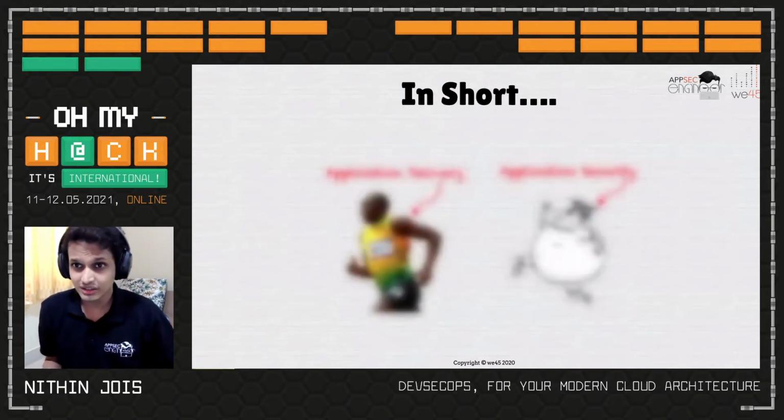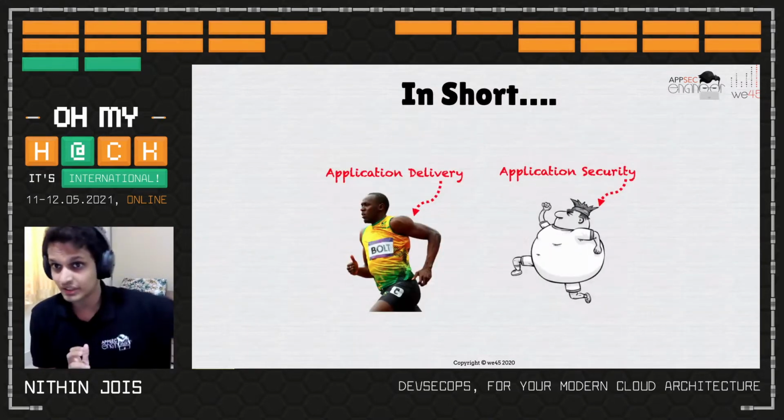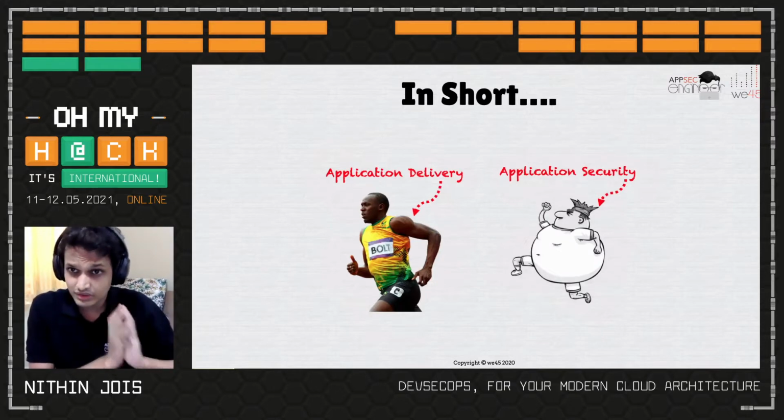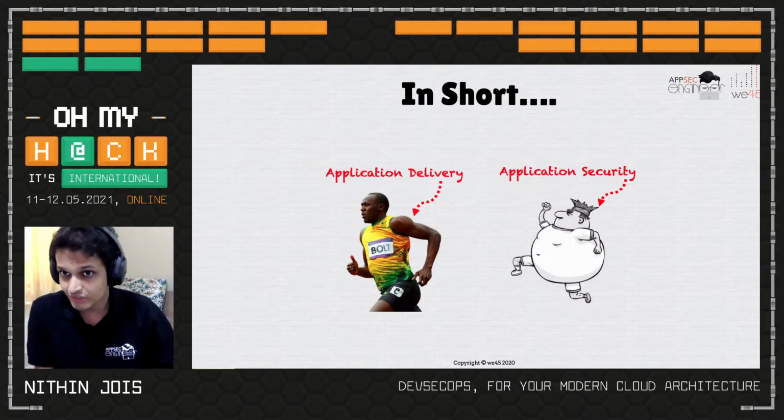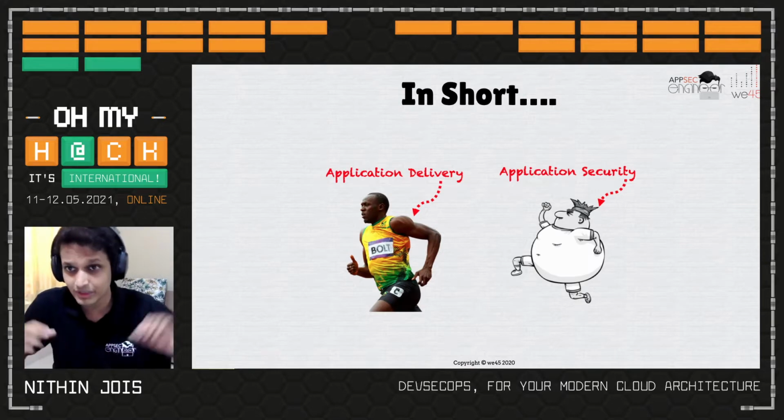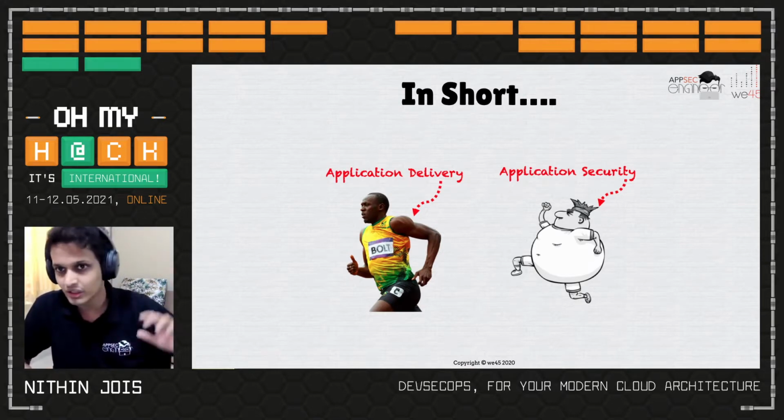So in short, application delivery is sprinting forwards because it's a lot faster. The developers are writing code a lot faster due to the microservice style architecture. They do not have to worry about breaking the entire monolith anymore, and it's very easy for them to start deploying all of these services as well.